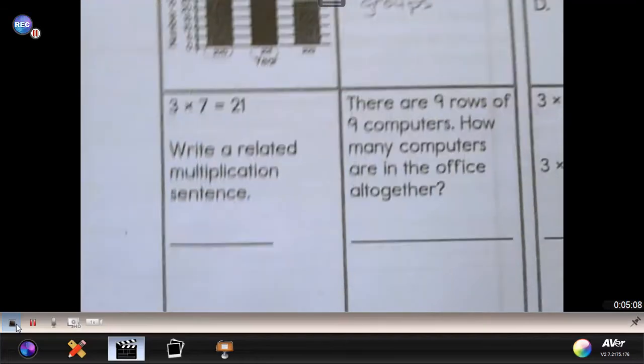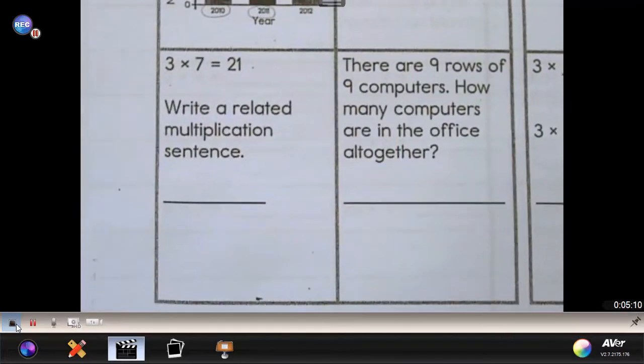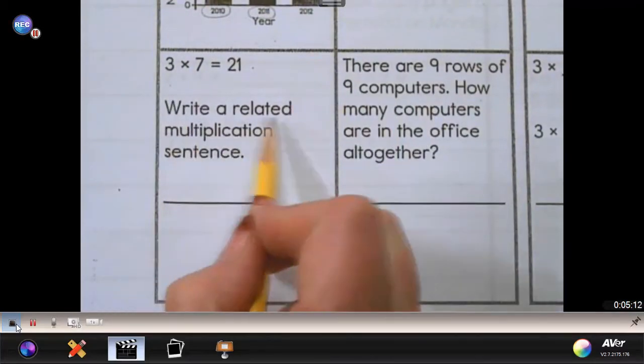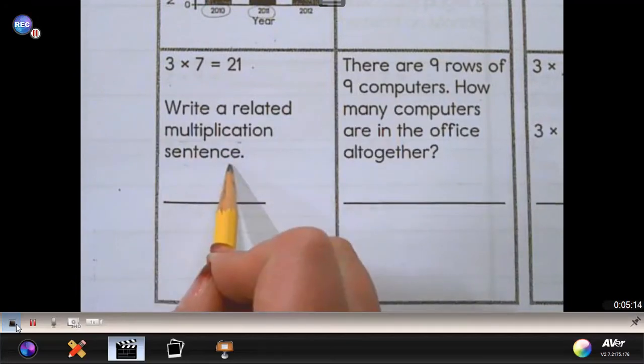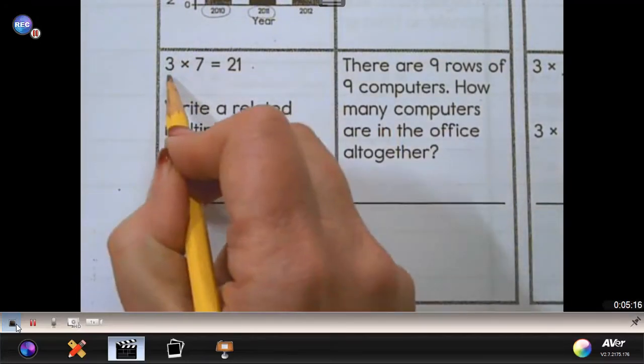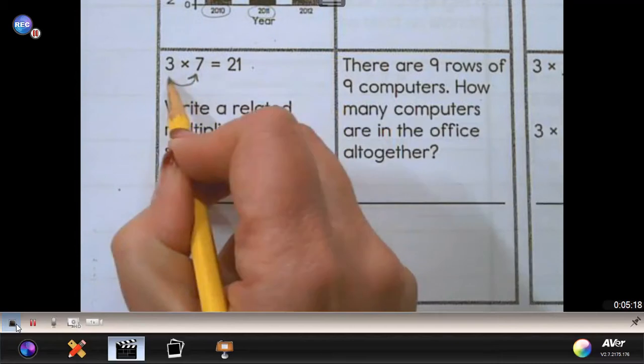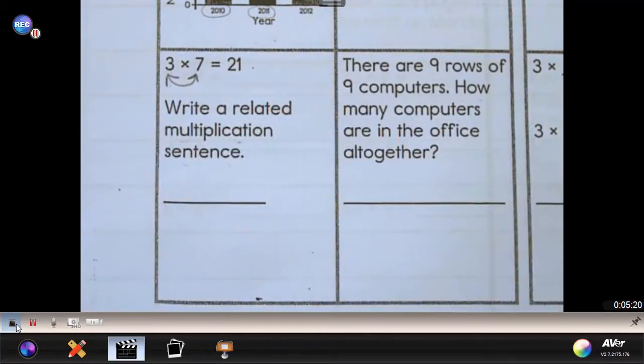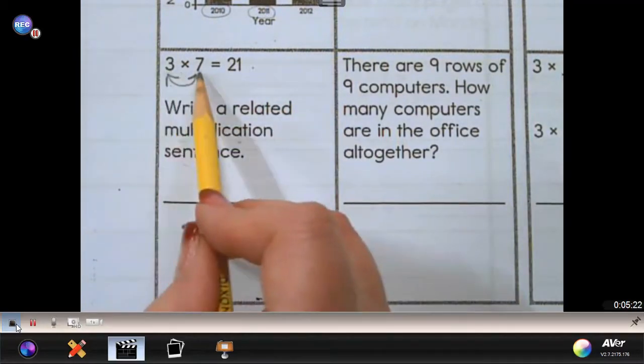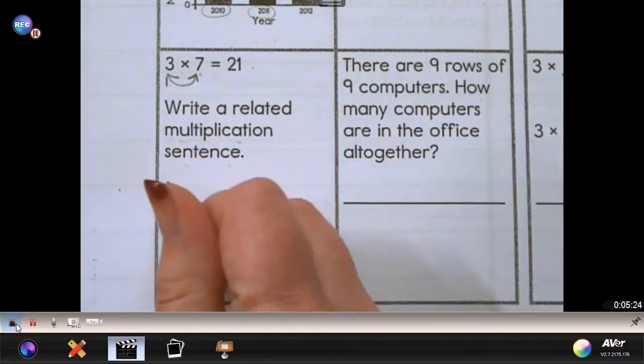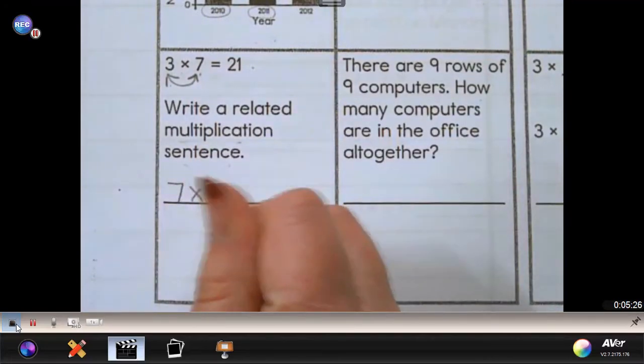For the second one, we're going back to our understanding of the commutative property. So it says write a related multiplication sentence. So when we take our factors and we switch those factors, instead of having 3 groups of 7, we can say we have 7 groups of 3.